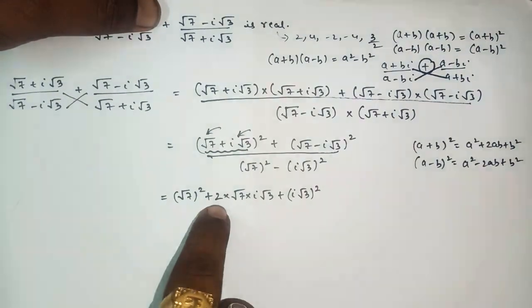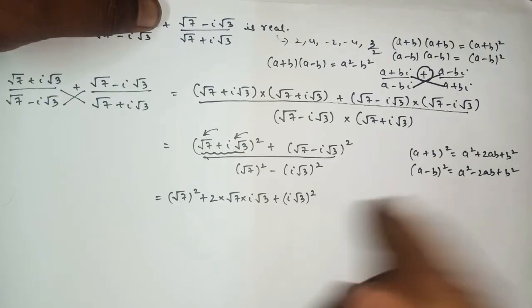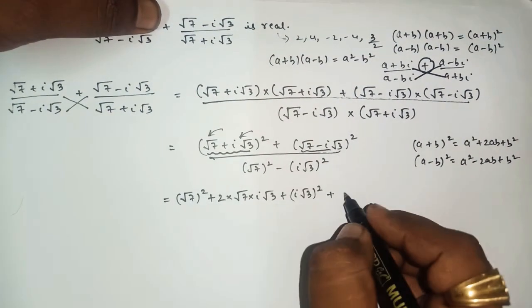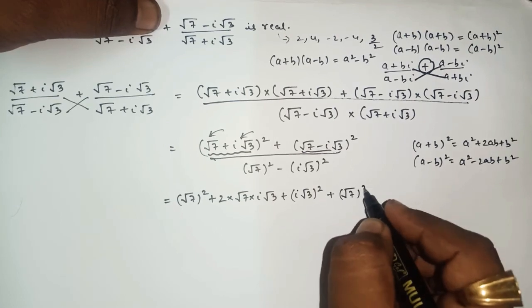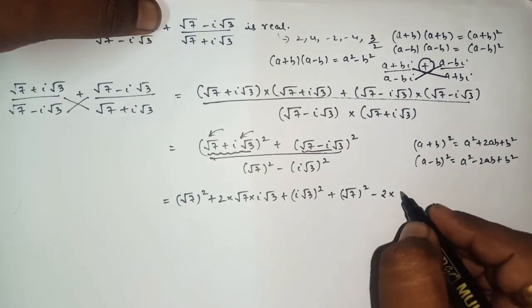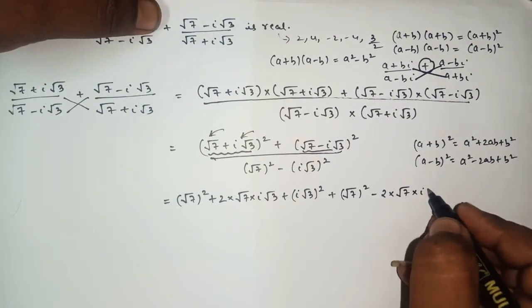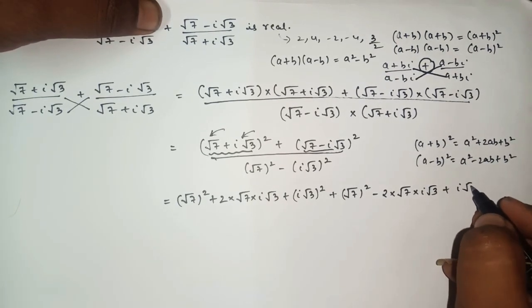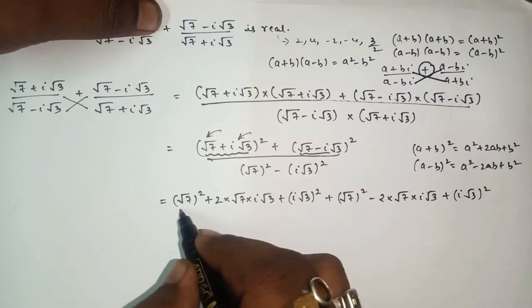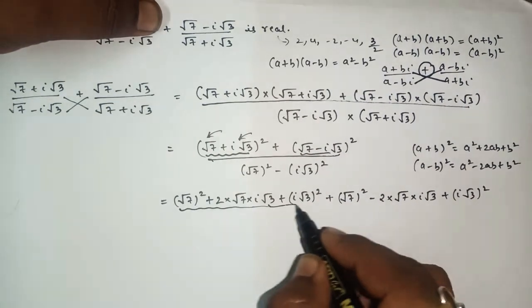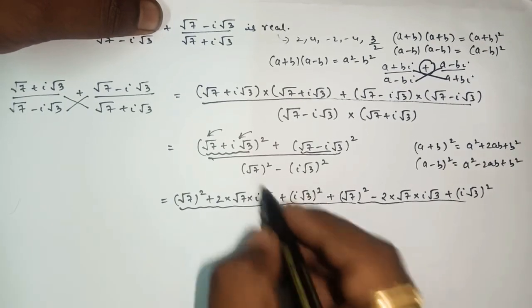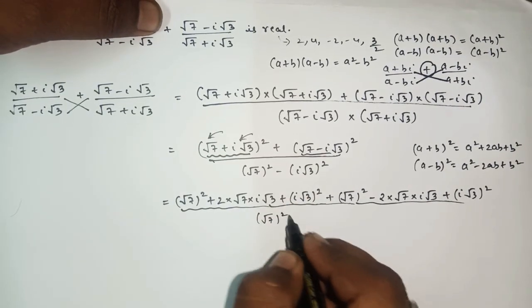Yes or no? Here we apply the formula of a minus b the whole square: a square minus 2ab plus b square. Yes or no? Okay, we'll keep this part as it is for a while.